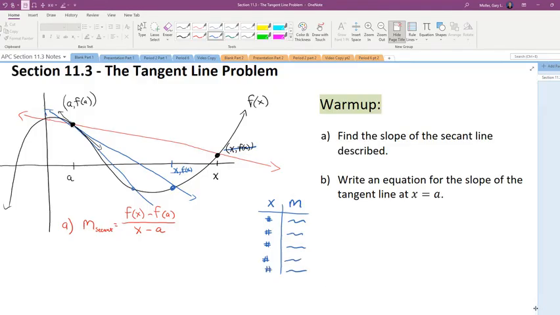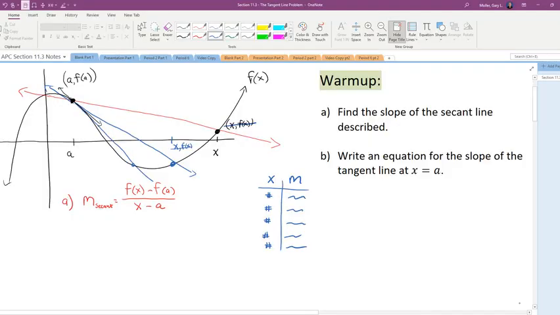That's going to be working great. But then when we get to the point itself, so let's say this point has got closer and closer to a, as soon as I put in a, now I have no answer because I would have a minus a in the denominator, which would mean there's no answer to this question.